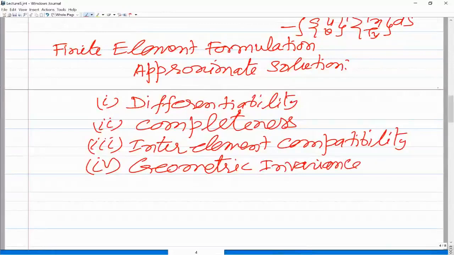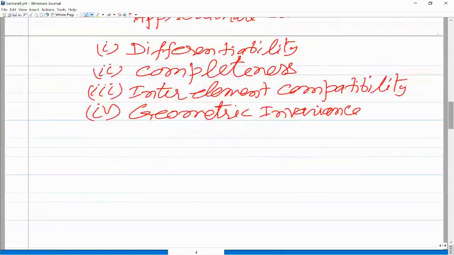That means when we write an approximate solution for the variables, if we interchange x and y in these 2D problems, the form of the approximate solution would not change. If we interchange x and y and the form is not changing, it means the approximate solution is geometrically invariant. So these are the four conditions which should be satisfied by an approximate solution.